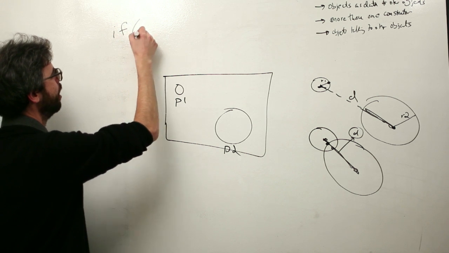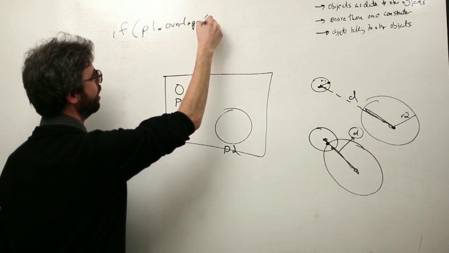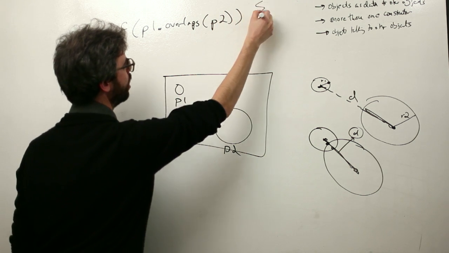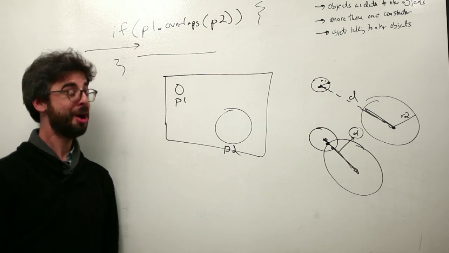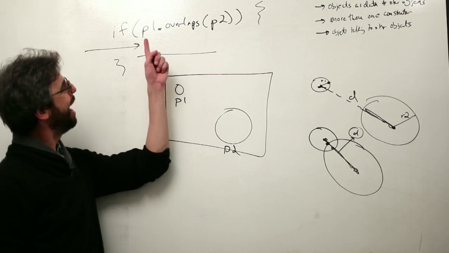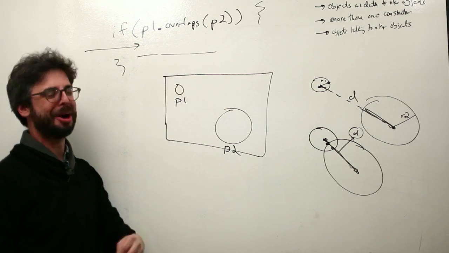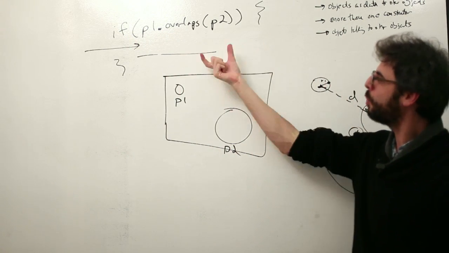If P1 dot overlaps P2, then draw a background. Okay, so how do I make this happen? How do I write code like this? This is so nice, actually. This is what's going on here.